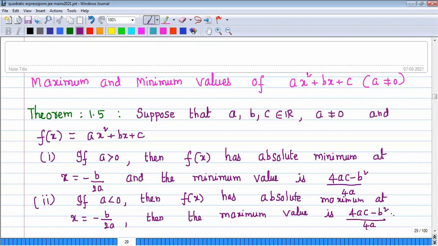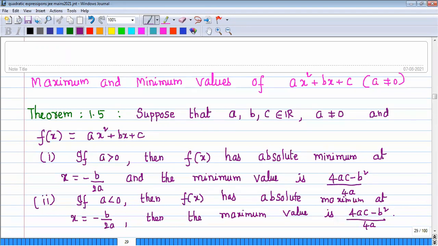So in a nutshell, in simple words, we can say that ax square plus bx plus c has minimum value 4ac minus b square by 4a when a greater than 0. Ax square plus bx plus c has maximum value 4ac minus b square by 4a when a less than 0.